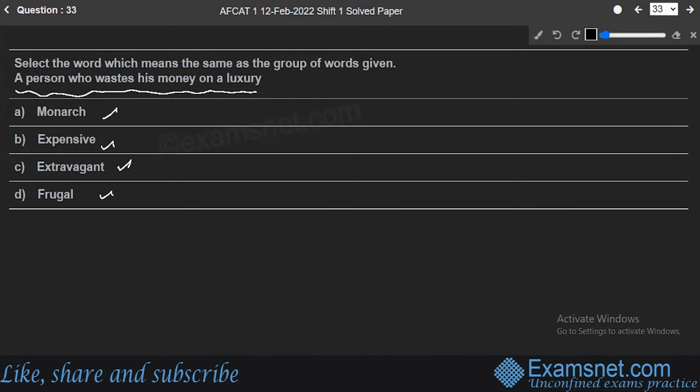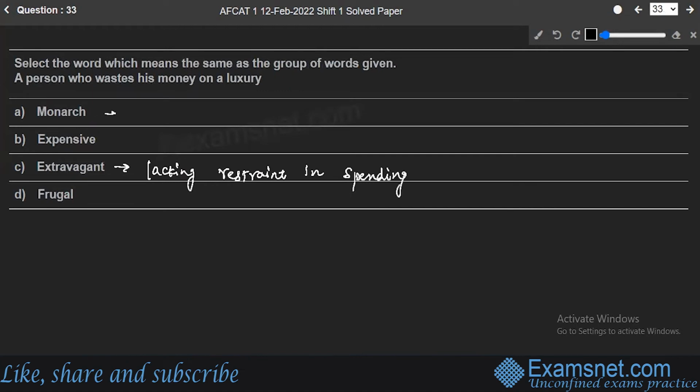So I'll be writing down the meanings of them. Extravagant means lacking restraint in spending money or resources.